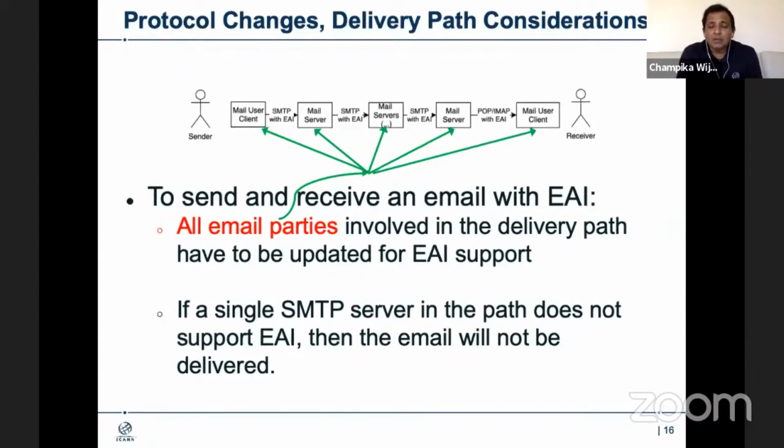And also, the other important thing is that, as we know, when an email gets transferred from sender to receiver, the email goes through many servers. So if one of the servers in the middle cannot understand or doesn't support EAI, then we will not be able to deliver the email, and the email delivery will fail. Then obviously the failure message has to be sent to the sender, saying that the email cannot be sent. So this is also very important. In an email path, we have to make sure that all the email servers in the path can support EAI.